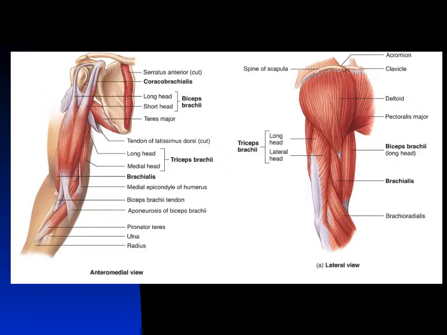Okay. I think you also have to know the brachialis. The biceps brachii, brachialis, and brachioradialis are all agonists. They flex the elbow. The triceps brachii is an antagonist to those. It extends the elbow. And so those are large muscles on the arm.